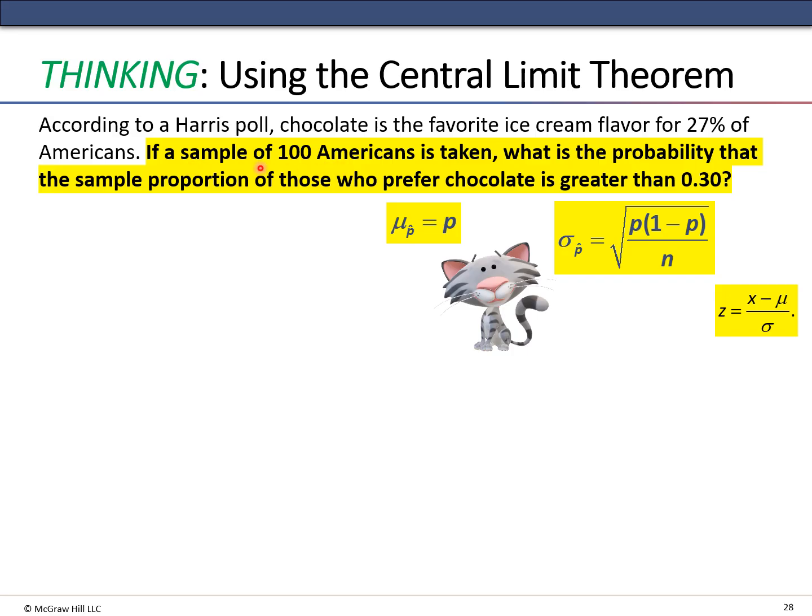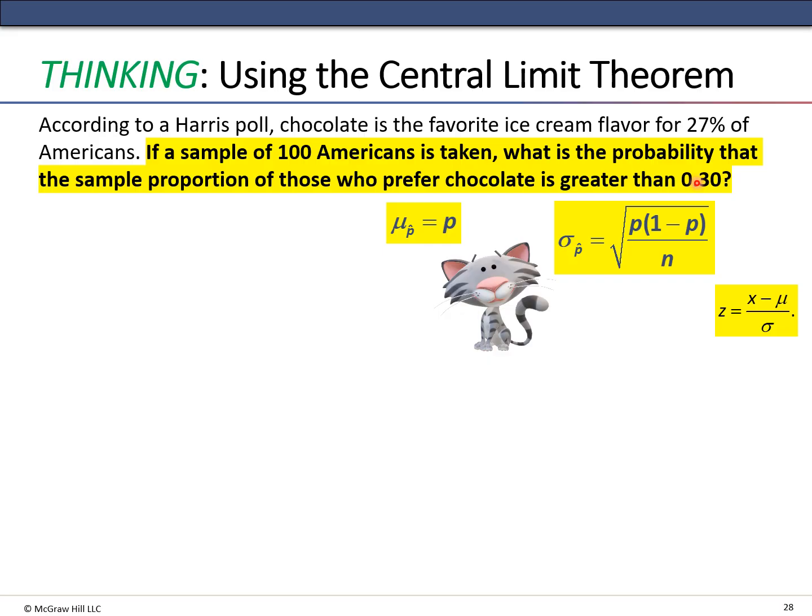If we take a sample of 100 Americans, that's our sample size n, what is the probability that the sample proportion of those who prefer chocolate is greater than 0.30? So we're going to try to find the probability that the sample proportion of those who prefer chocolate is greater than 0.3.